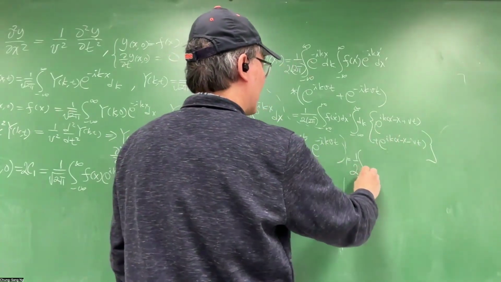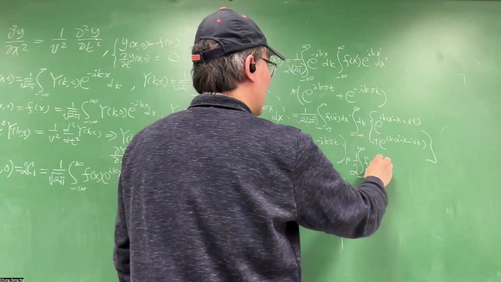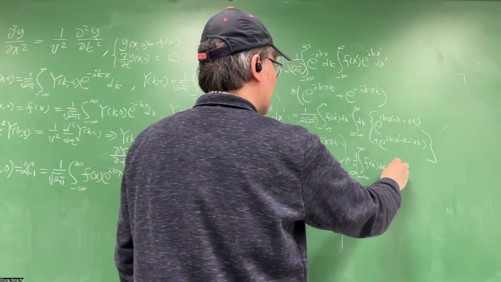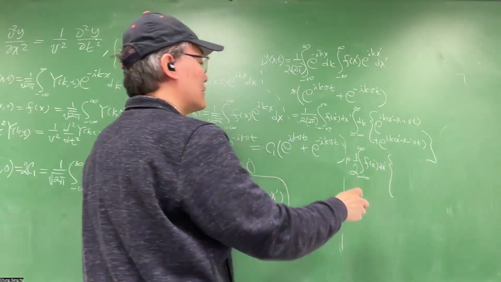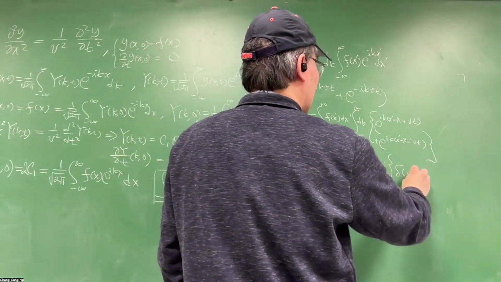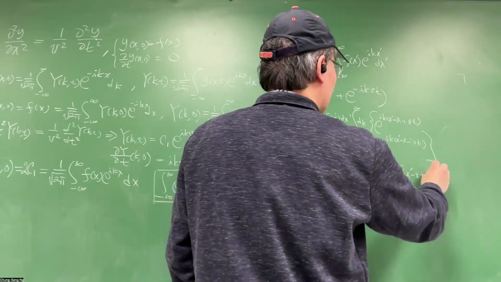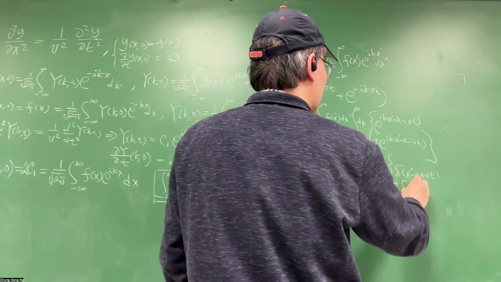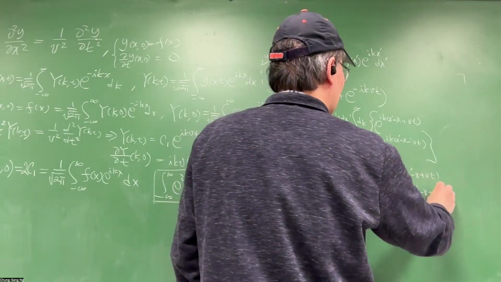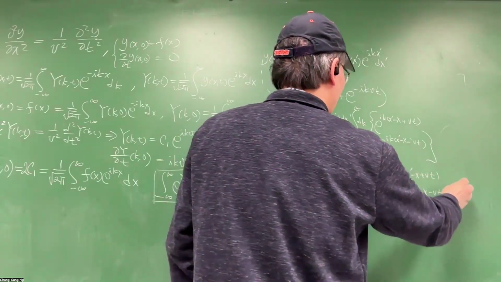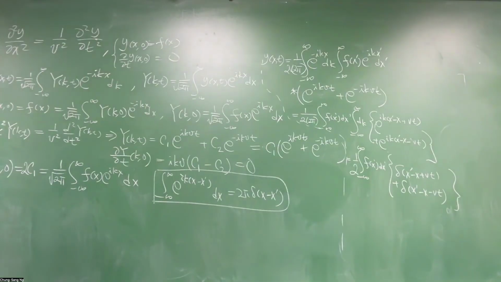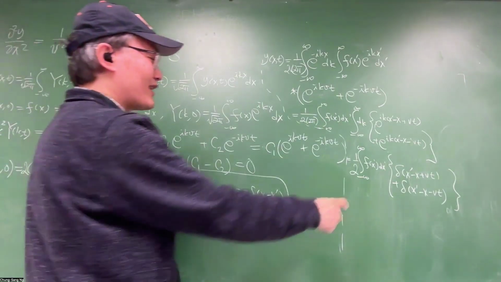And there's still an integral over x prime, dx prime. The two factors: one is delta of x prime minus x plus vt, and the other is delta of x prime minus x minus vt. And you know how to integrate this, the final step, because of the delta function.